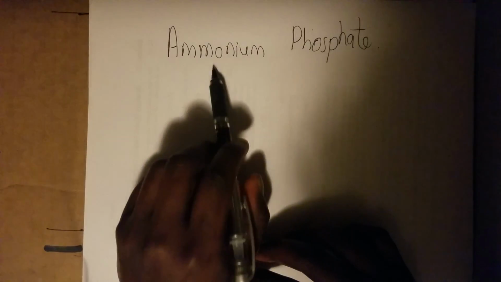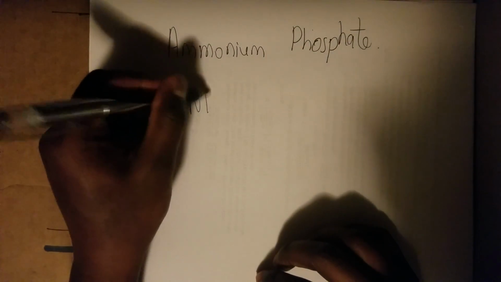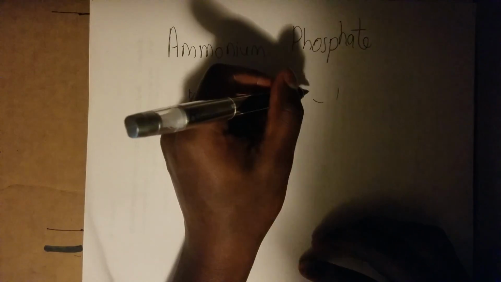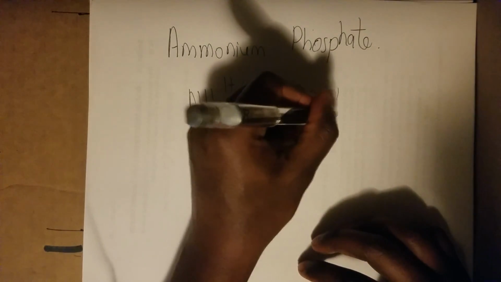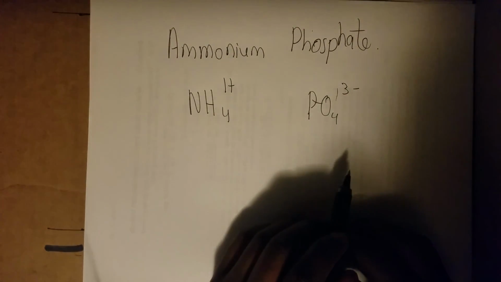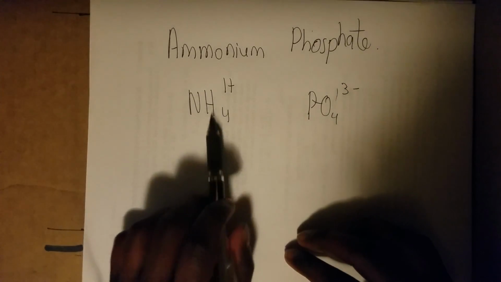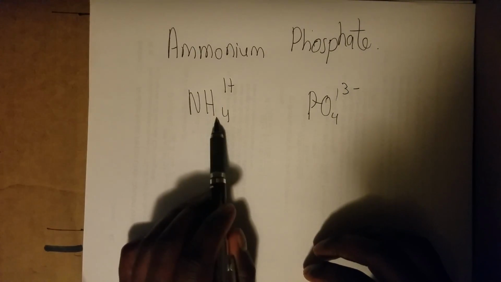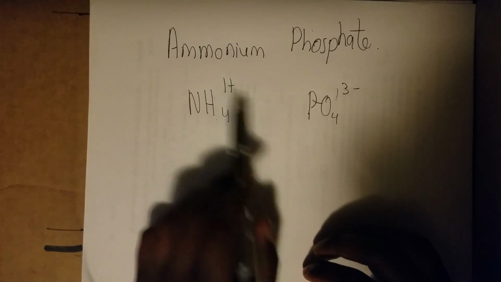So let's look at this one, ammonium phosphate. These are both polyatomic ions, so you have to look at the chart. Ammonium is NH4 1 plus, and phosphate is PO4 3 minus. Now you just balance the charges. You don't worry about the amount. This means that it's balanced.